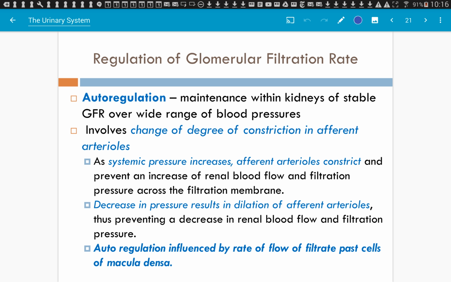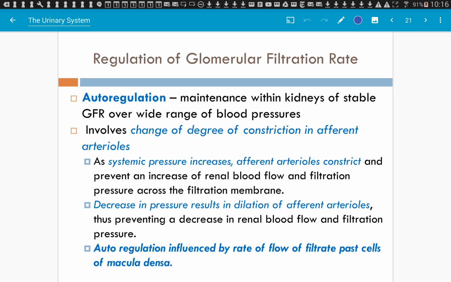Okay, so moving on. How do we regulate this glomerular filtration rate? So how much filtrate are we forming per minute? Okay, so first of all, we have autoregulation. So it's happening automatically, which is really quite nice.